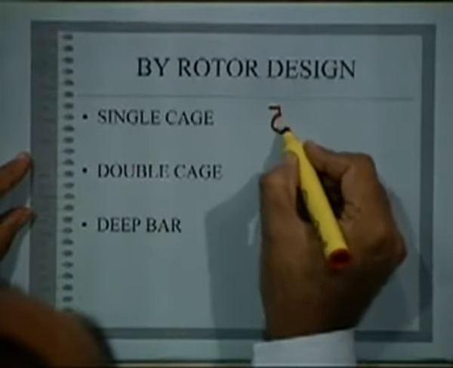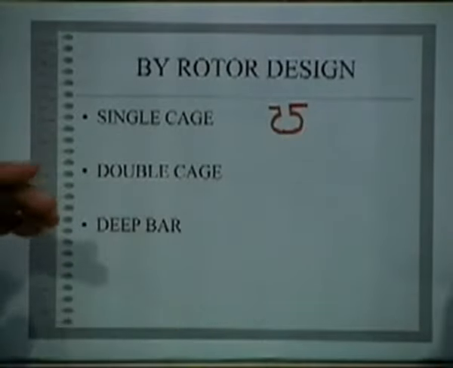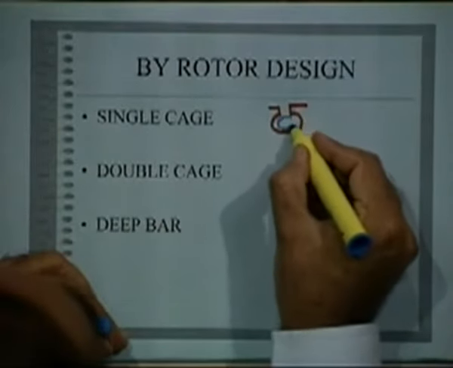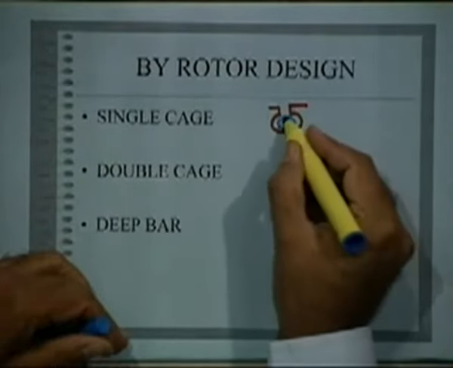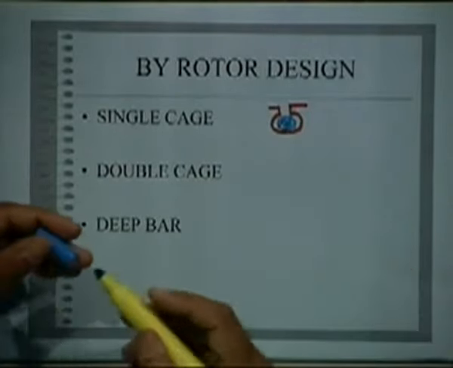Rotor slots were of different shapes. There is one called a single cage, where you just put one conductor. This is a single cage, a conductor is here. This is the squirrel cage.